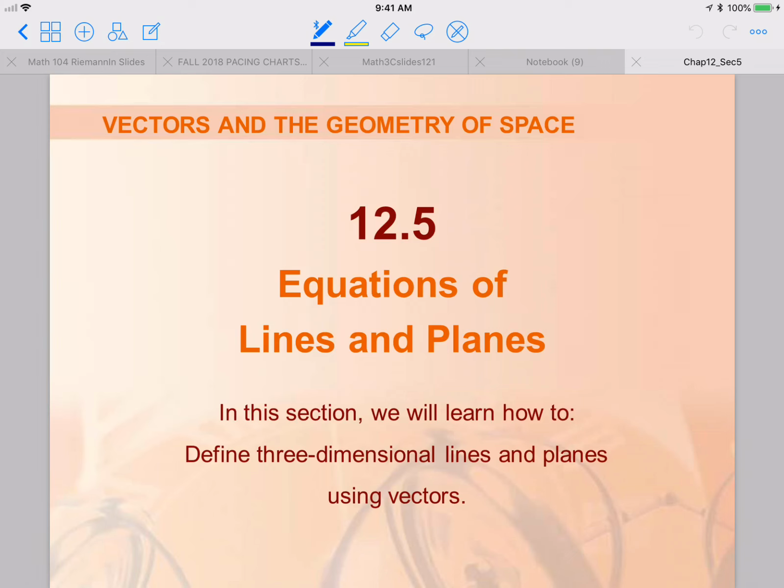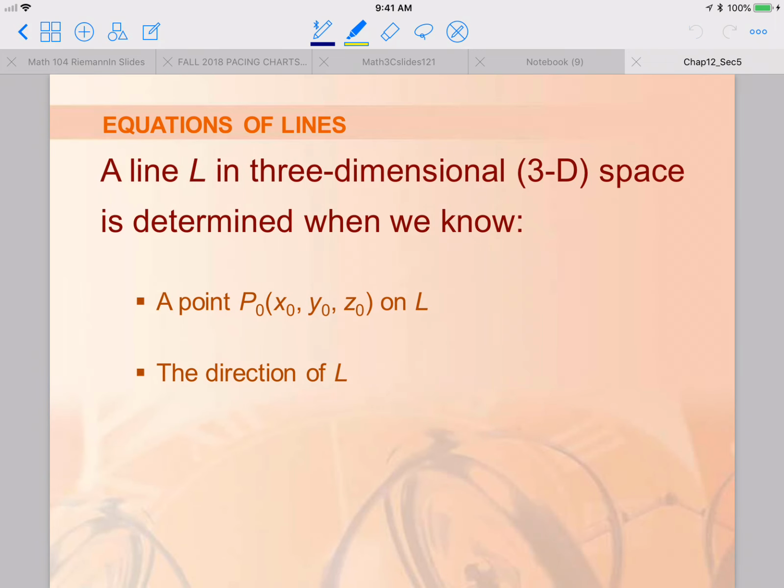Okay, so here we go. In this section, we will learn how to define three-dimensional lines and planes using vectors. So that's probably the brand new thing here, that we'll be using vectors and not just points. A line in 3D space is determined when you know a point, x naught, y naught, z naught, on the line, and the direction of the line.